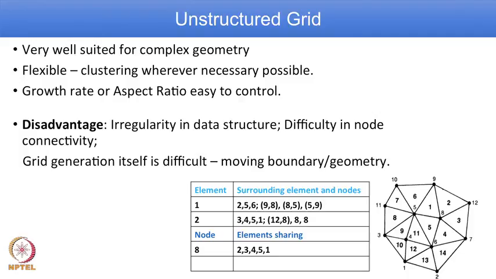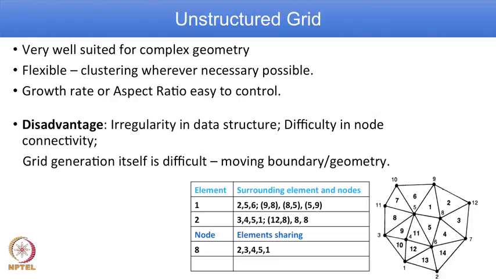Similarly, element 5 and element 1 share 2 nodes, that is 8 and 5. Similarly, element 6 and element 1 share 2 nodes, 5 and 9. So, you have to go on and build a table connecting node, element, surrounding node and surrounding element.